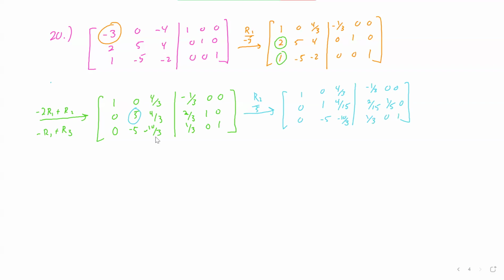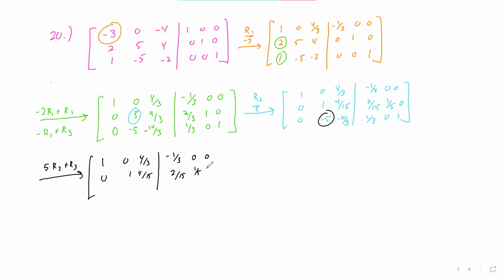All right, my next task, get this to become a 0. Doing that, I'm going to do 5 times row 2 plus row 3. All right, so I get 5 times 0, which is 0 plus 0. 5 times 1, which is 5, plus -5, which is 0.